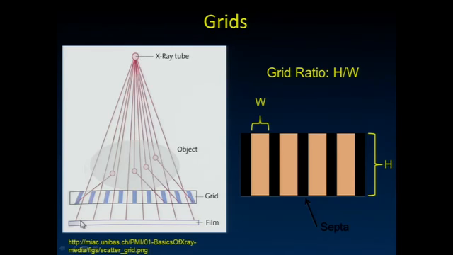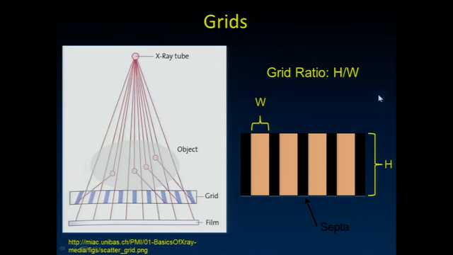So primaries that aren't changed in terms of their direction should pass through the holes. Yes, occasionally one of the primaries may strike one of the pieces of lead or whatever material it's made of and not make it through too. So grids reduce the primaries as well as reducing the scatter. It's just that they reduce the scatter much more than they reduce the primaries, okay? So our overall ratio of scatter to primaries gets much better when we use a grid.